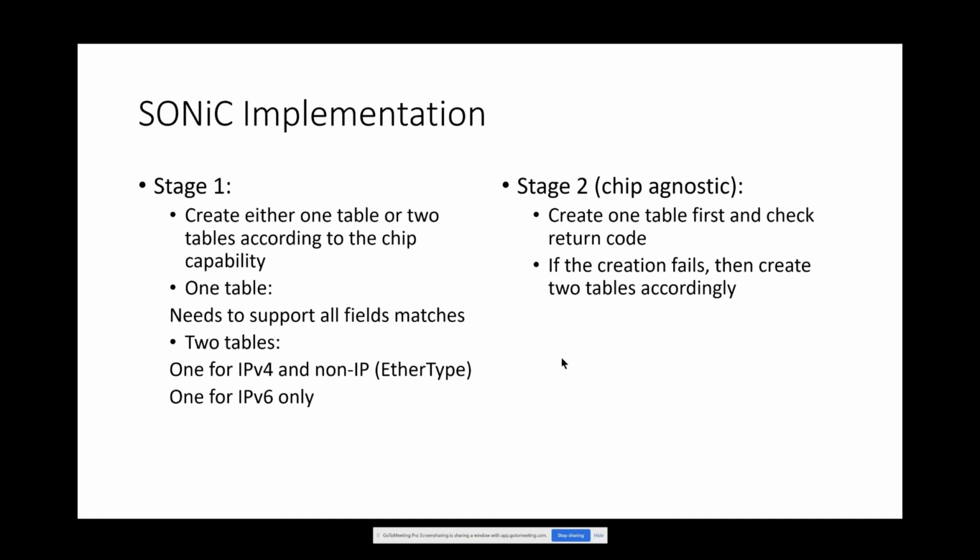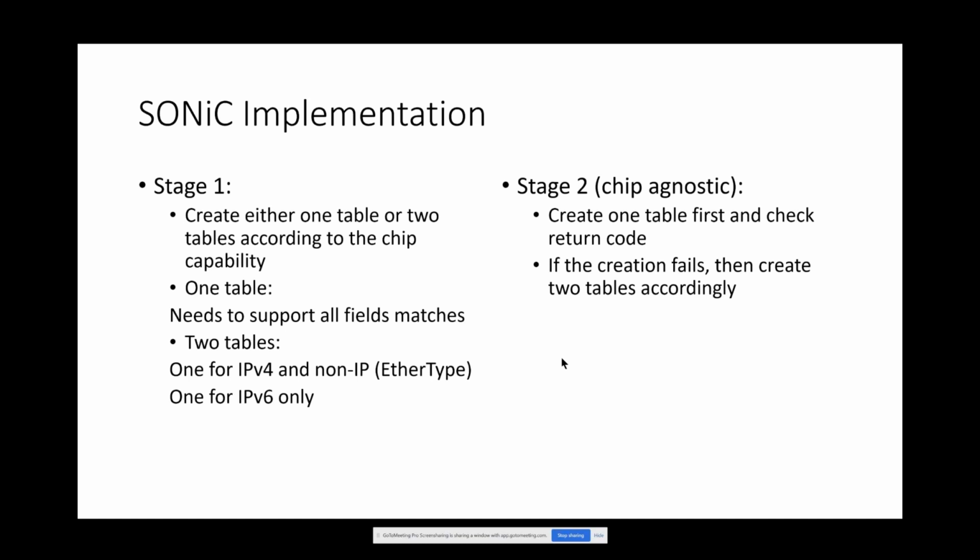In the future, once we have feedback loops, we can first try to create a full table and then check the return value to see if it fails or succeeds. If it fails, then we can create two tables afterward and see what the result is. But stage 2 will require many changes to the current architecture.